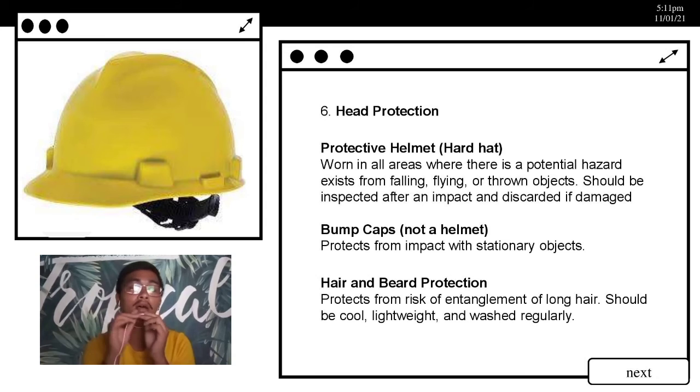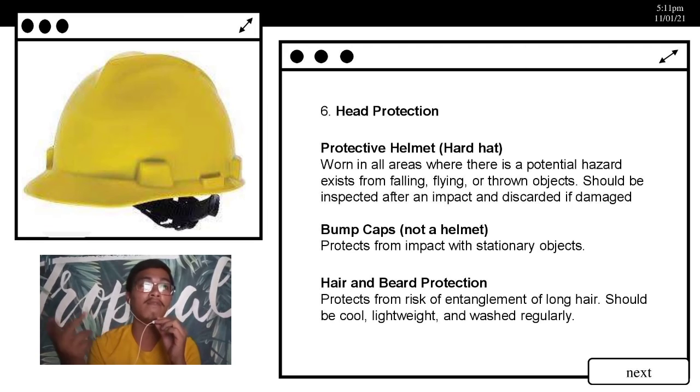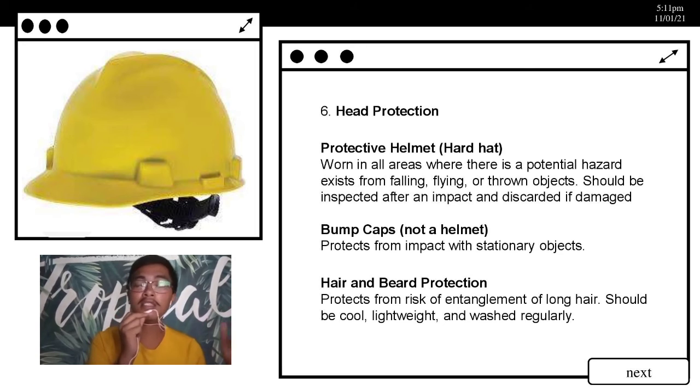So if the whole place is shaking because of an earthquake, there is a possibility that these stationary objects might fall. So if you're wearing this kind of bump cap, you are being protected with that. Though it does not imply a high chance of danger, it still causes hazards.